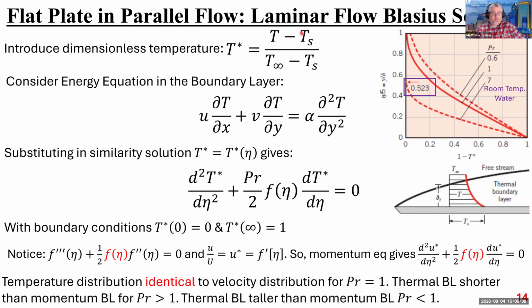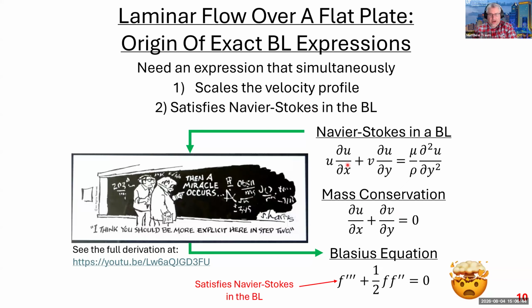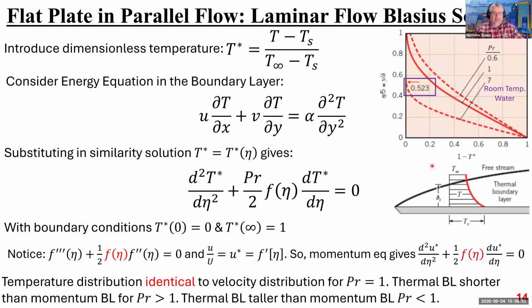Okay, so we got to this equation by basically canceling out all the terms that we didn't need from the Navier-Stokes equations. It turns out by kind of a miracle that if you look at the energy equation inside the boundary layer, you get the exact same form.